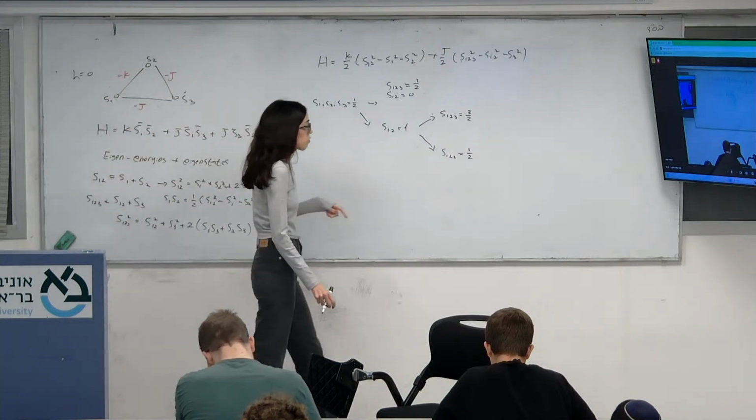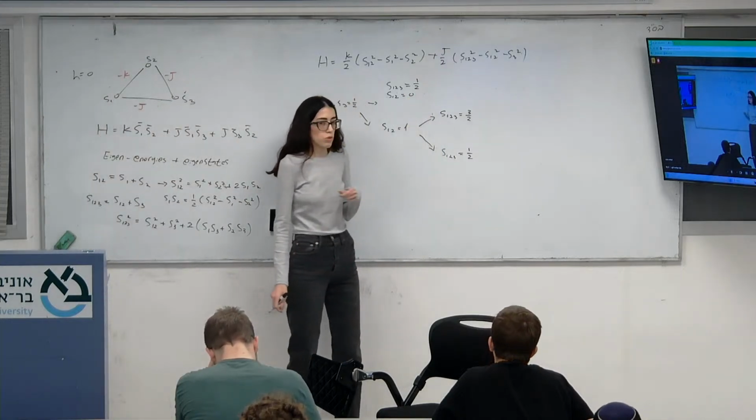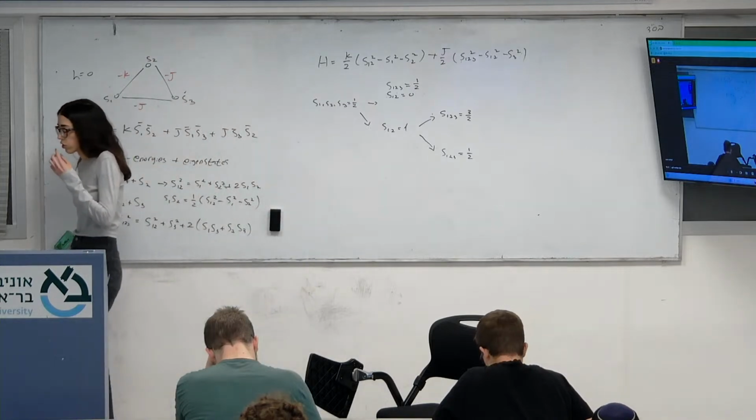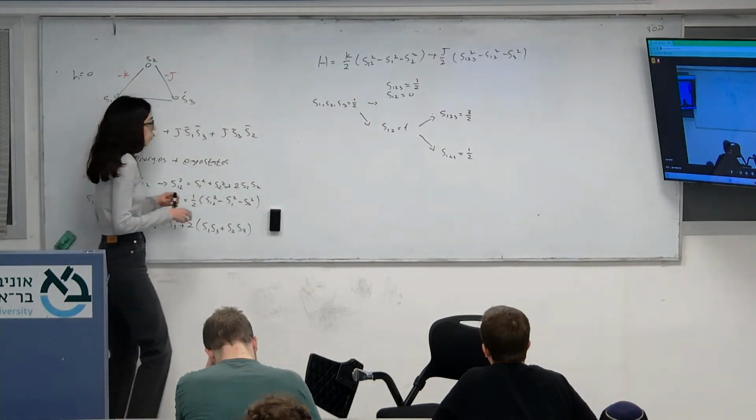So we have overall 3 possible states, which means we're going to have 3 different energy levels. Let's calculate those.